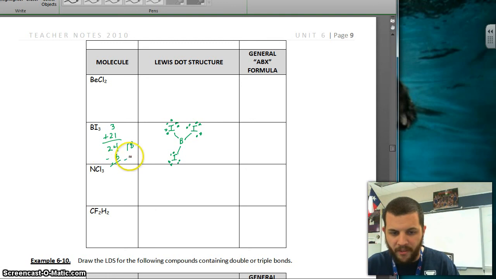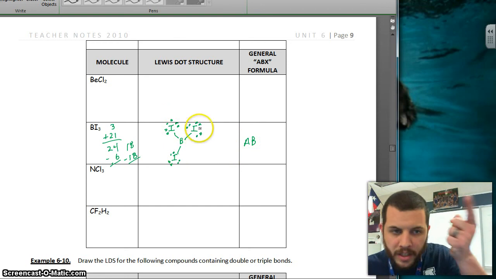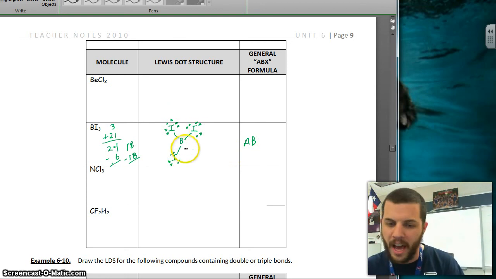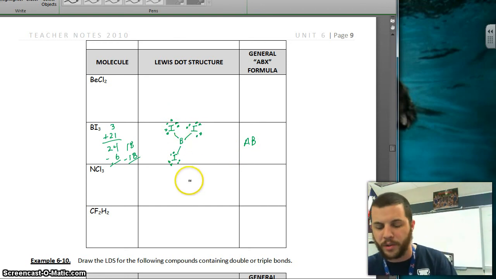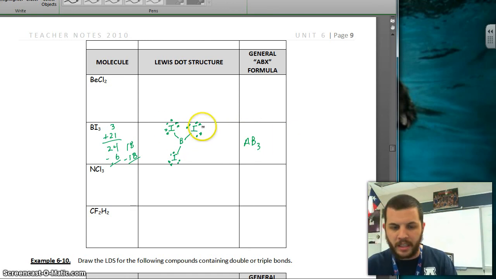I used them all up. Everybody's happy, and so we are good to go. Now, that means that I have 1 central atom, A, and 3 peripheral atoms, B. How many unshared pairs? Well, look at all these unshared pairs, but they've got to be on the central atom. I have no unshared pairs on the central, so therefore this is just an AB3 structure.